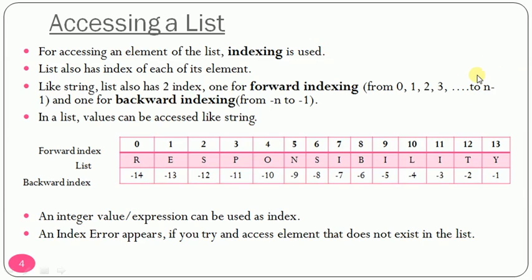How many elements are there in the list? If that is denoted by n, then the last index will be n minus 1. Then the backward index starts from minus n if n is the size and the last will be minus 1.